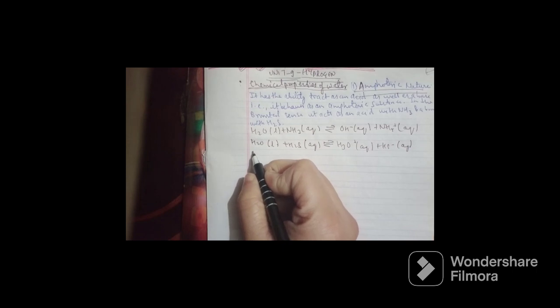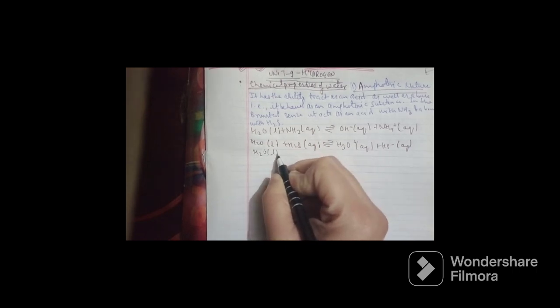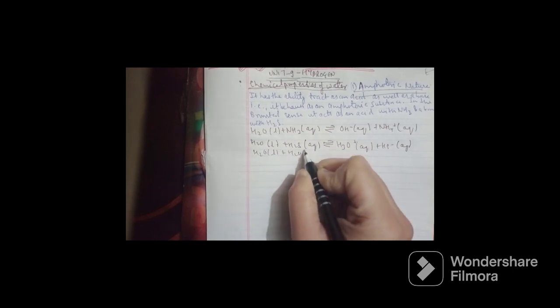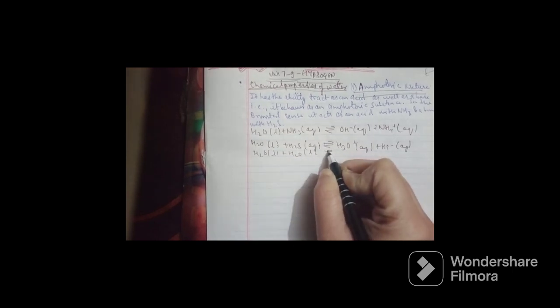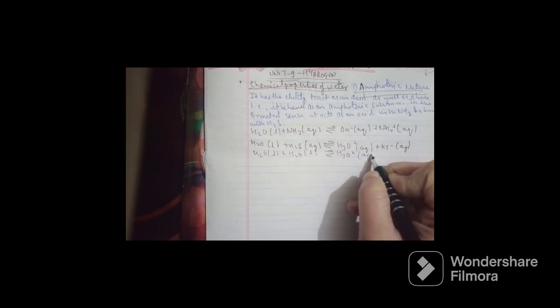For this, the autoprotolysis, or self-ionization, of water that takes place is H2O liquid plus H2O liquid giving H3O plus aqueous plus OH minus aqueous.